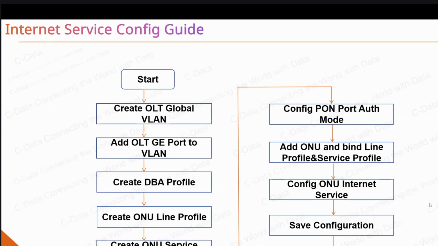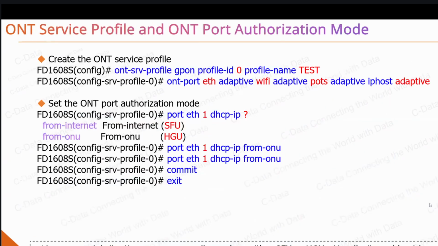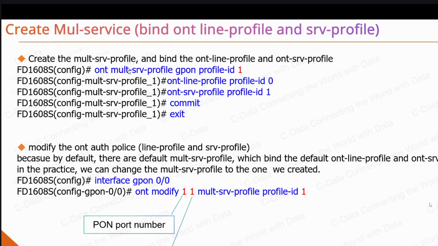And then we go to the internet, and then we use the service profile. After the service profile, we create a multi-service profile. In the multi-service profile, we can see it selects the line profile, and then we select the service profile.